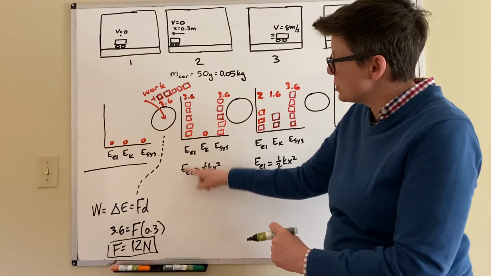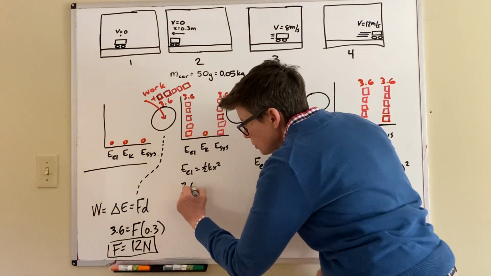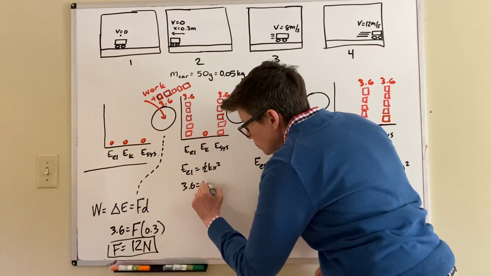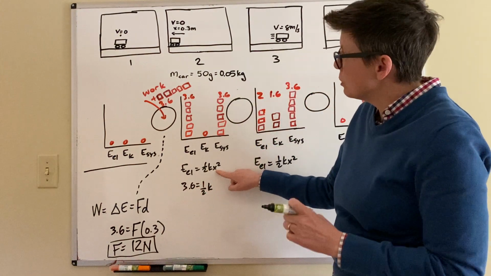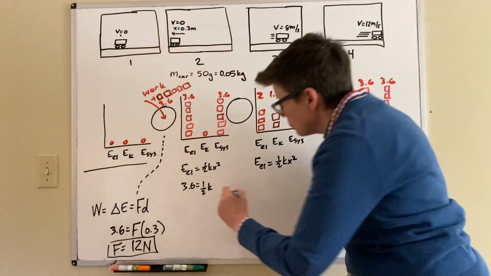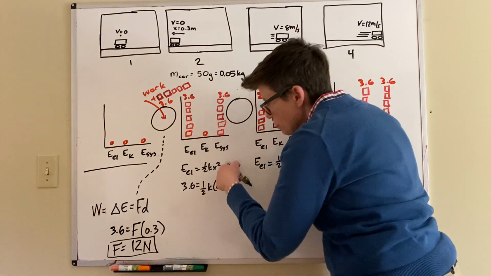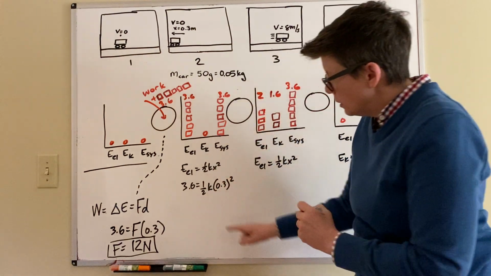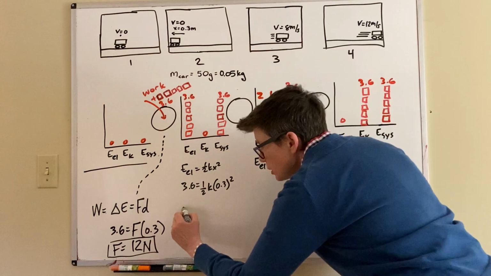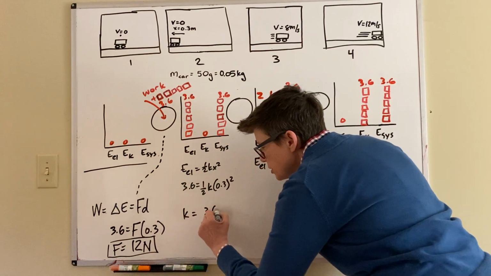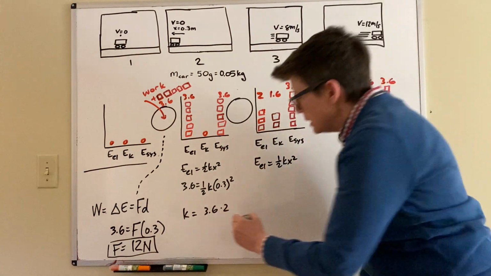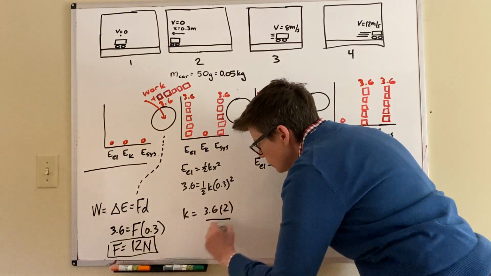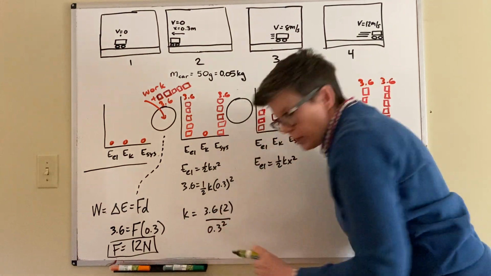Elastic energy in this state, 3.6 joules. The amount of stretch in the spring at this point, 0.3 meters. Don't forget to square it. To solve this, I'm going to do K equals 3.6 times 2 divided by 0.3 squared.